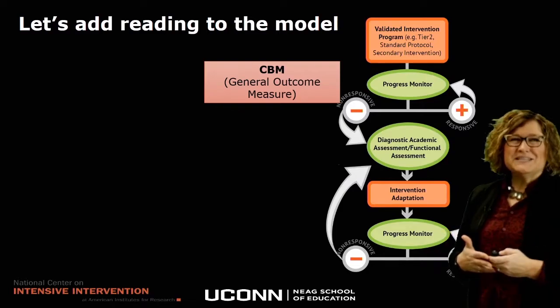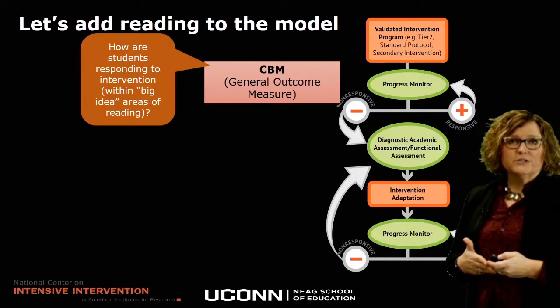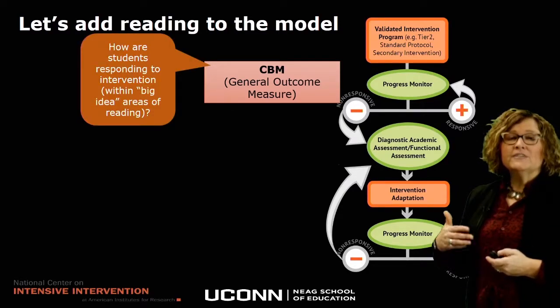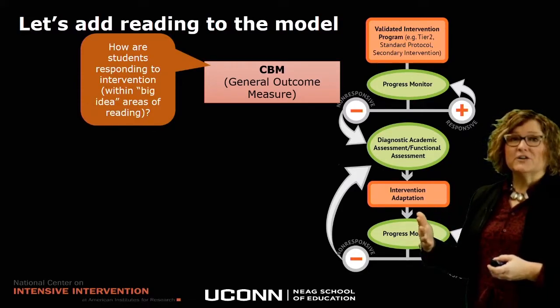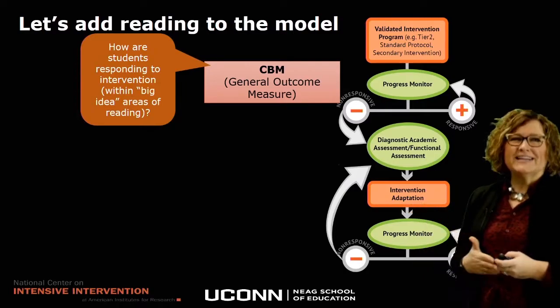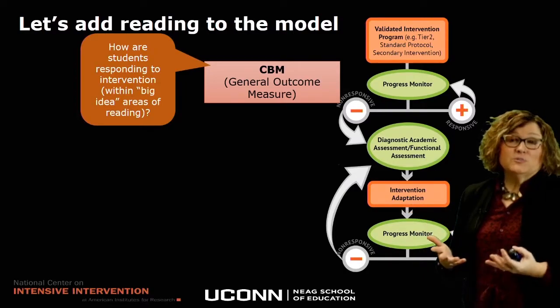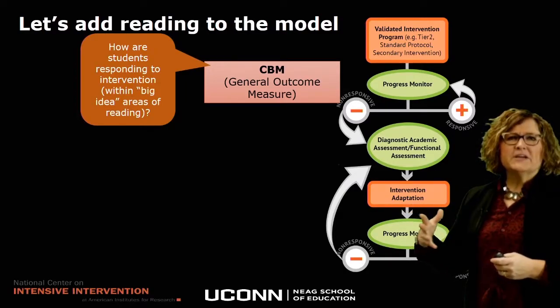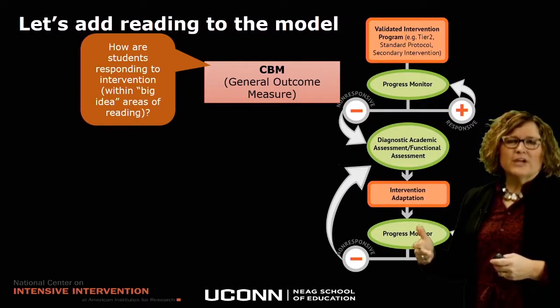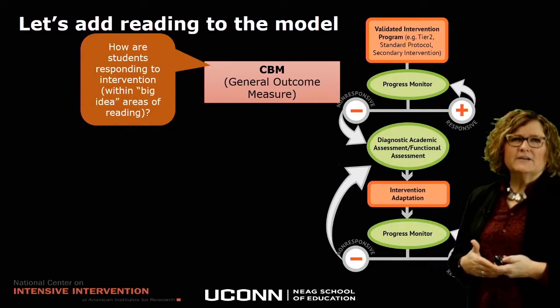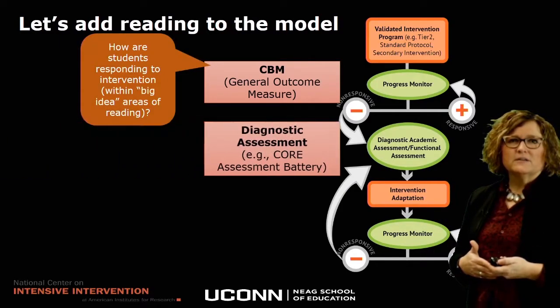We're using CBMs as our progress monitoring tool. The question that this is answering is, how are our students responding to intervention within those big idea areas of reading? What are those big idea areas? Well, the big five. So phonological awareness, fluency, comprehension, those big foundational elements of reading.